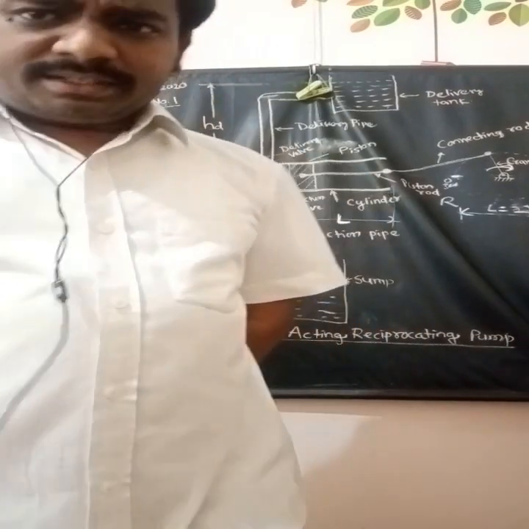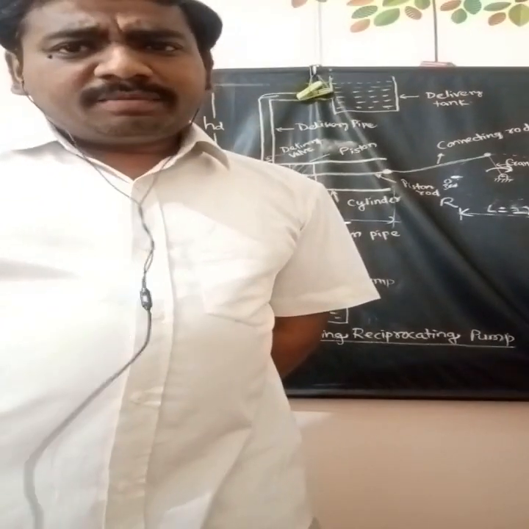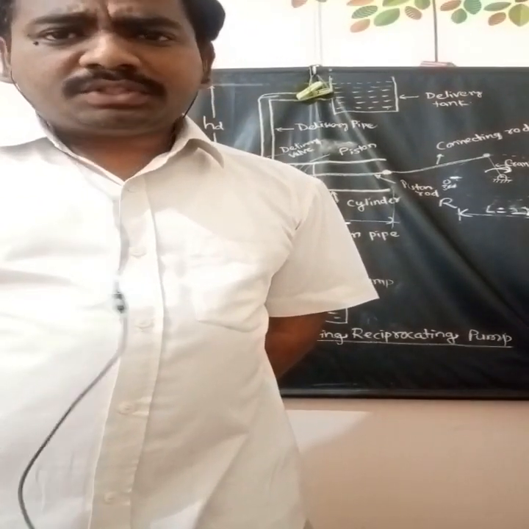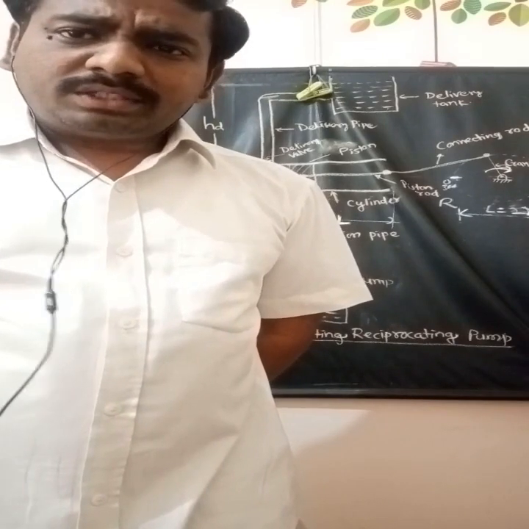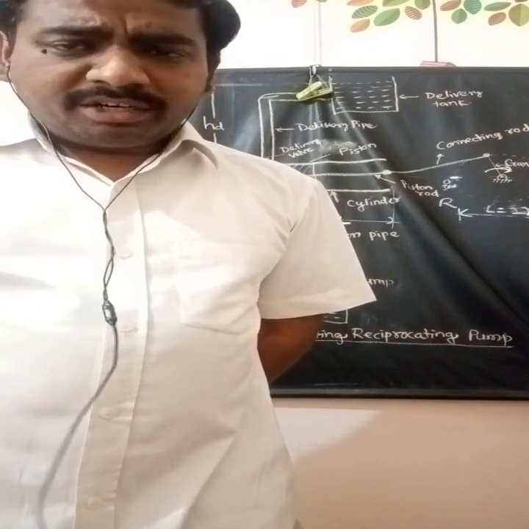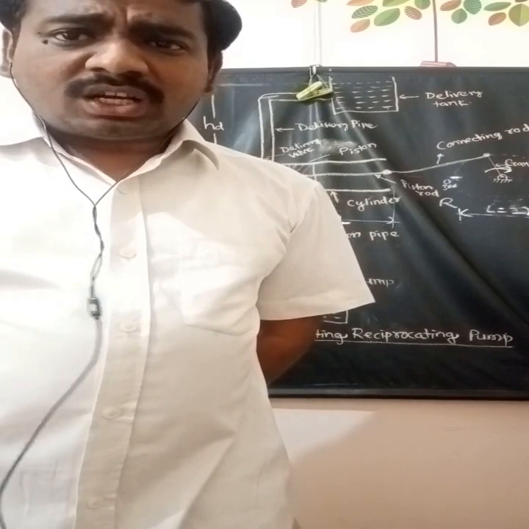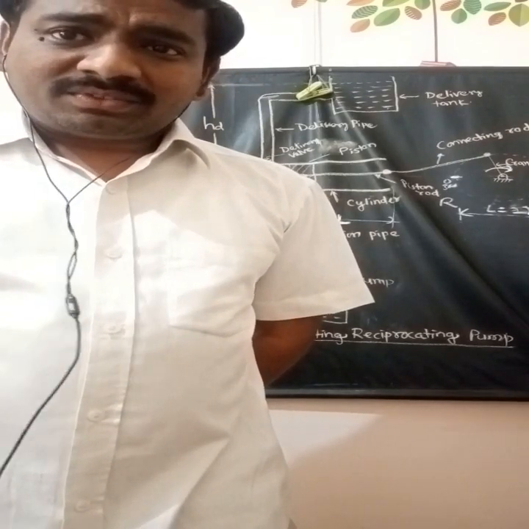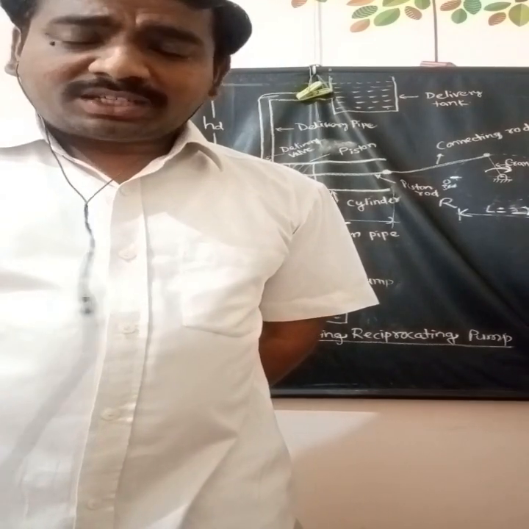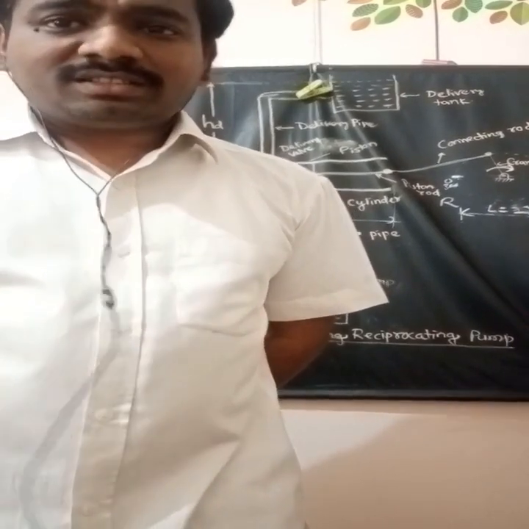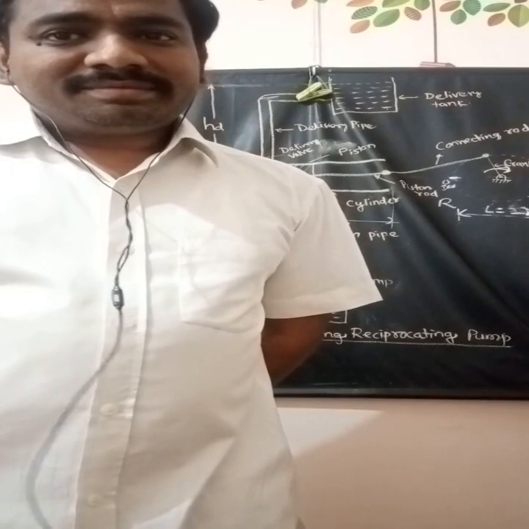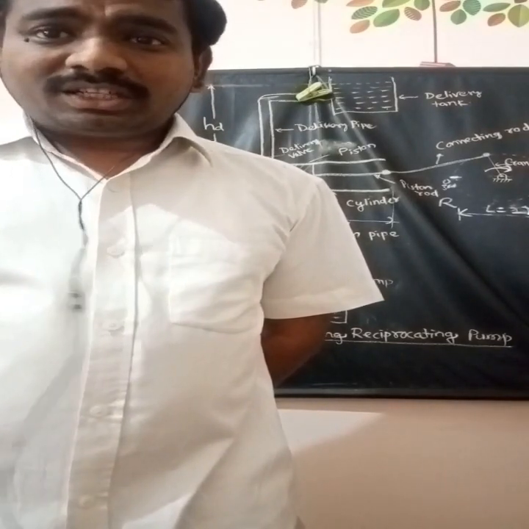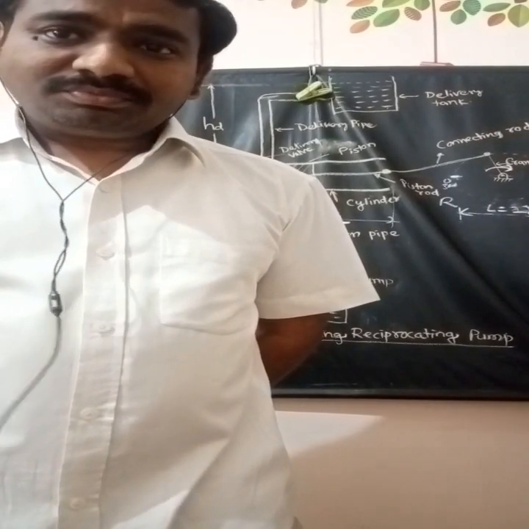You can think on it. If the value of slip is negative, it means that the actual discharge is greater than the theoretical discharge. So is it possible that actual discharge is greater than theoretical discharge? This is a question in front of you.